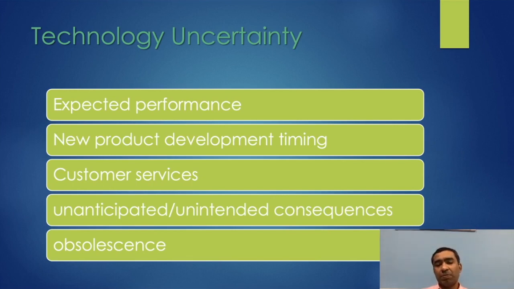It means your product may become obsolete in the market, and people are not going to buy it. It becomes outdated if the timing is not right, or if the technology is not up to date. That is why technology uncertainty is a very deciding factor for your market.